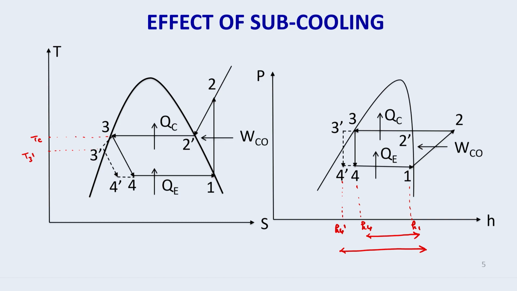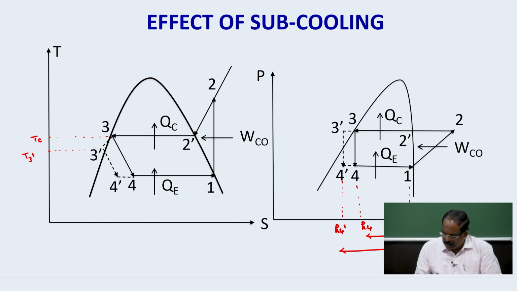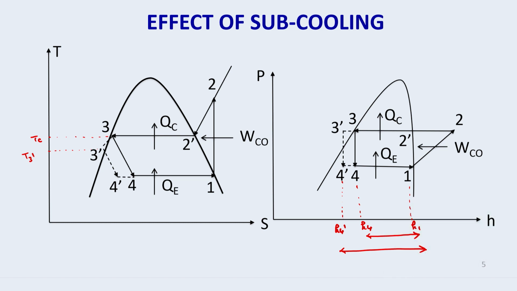So it is clearly inferred from the pressure enthalpy diagram. The refrigerating effect increases. This is the refrigerating effect without subcooling, that is enthalpy at 1 minus enthalpy at 4. This is QE, this difference. And here QE is equal to H1 minus H4 dash. So the refrigerating effect increases.